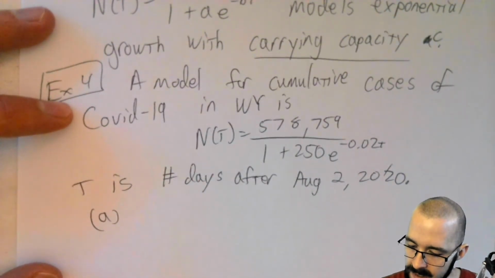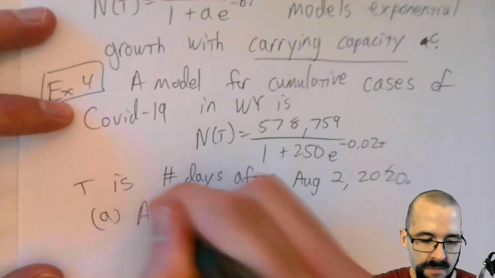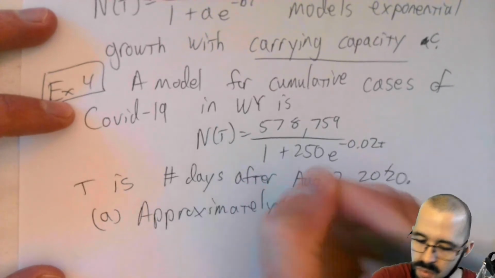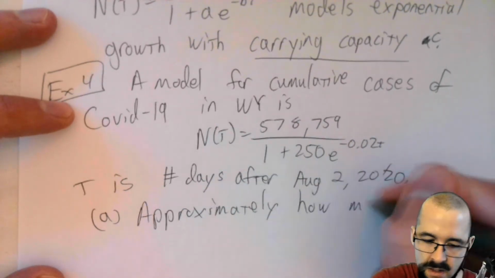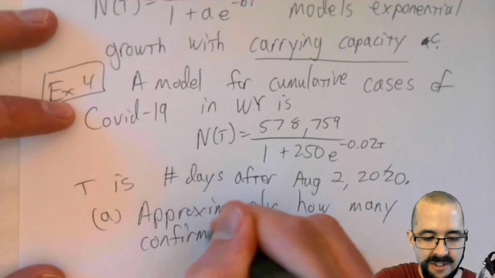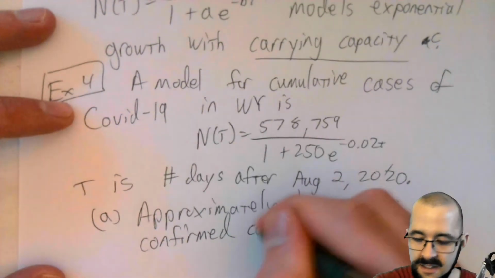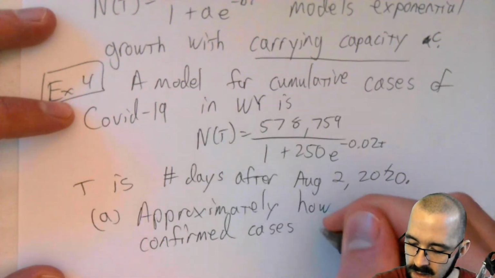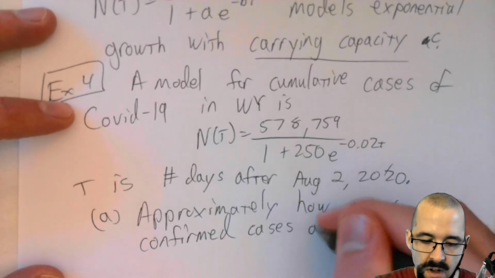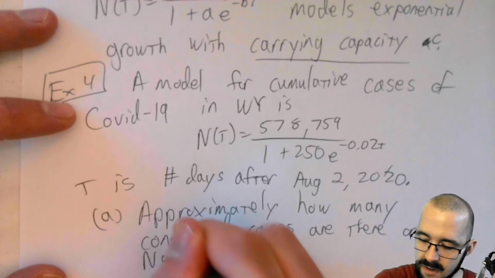Part A, going to be approximately how many confirmed, documented, however you want to say it. There's a lot to be said about that, but we're not going to say it here. How many confirmed cases are there on November 3rd?